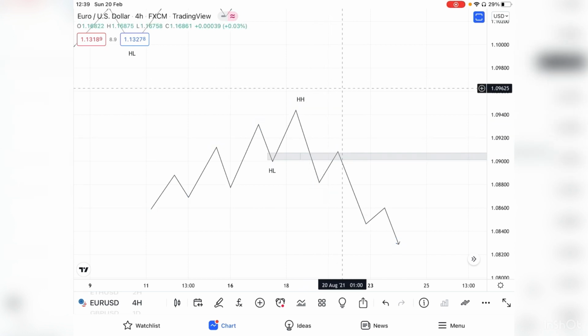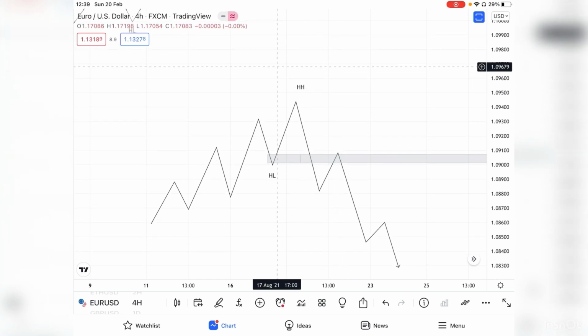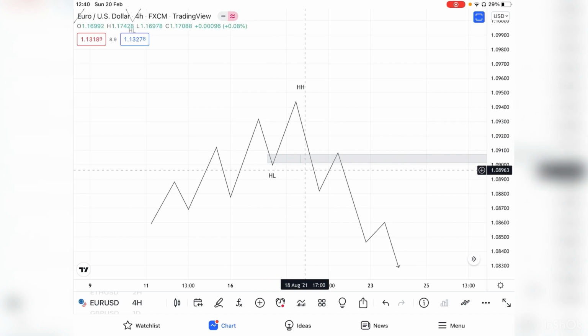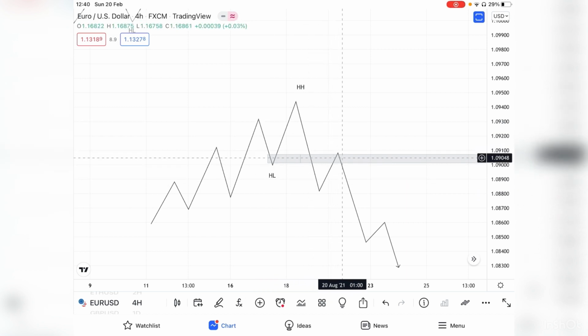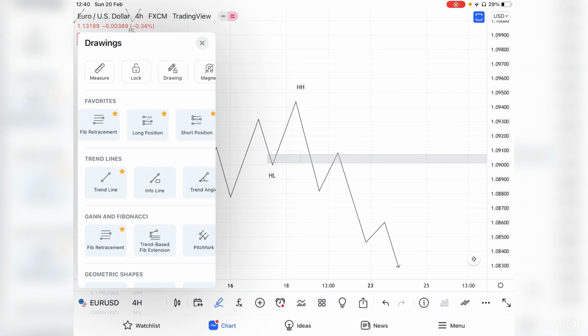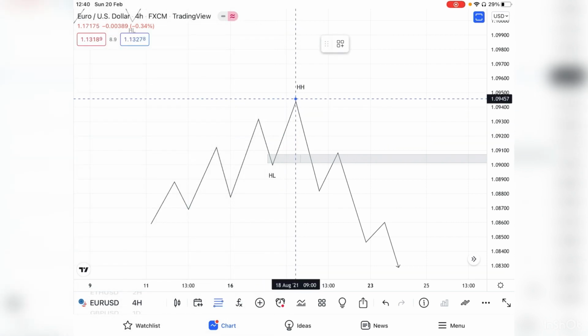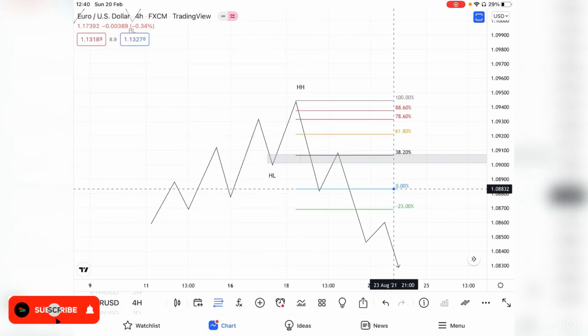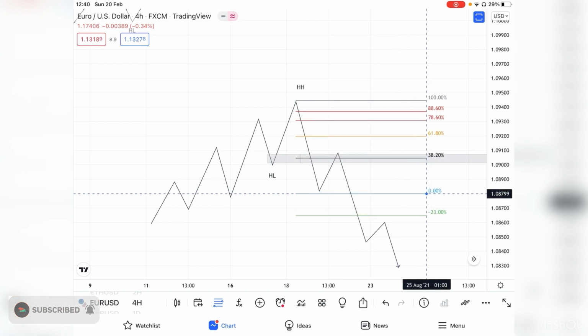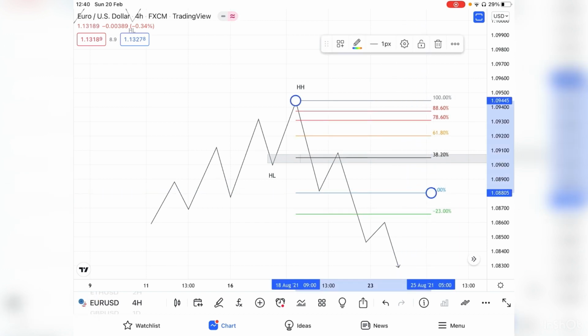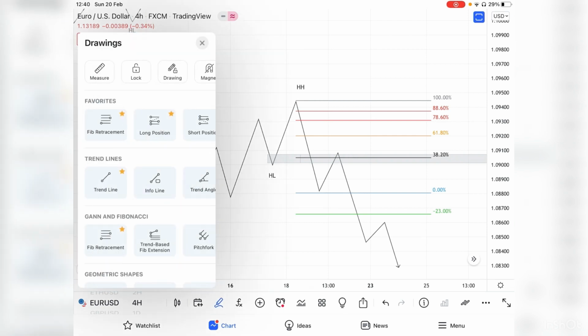A confirmation for that downtrend is for this previous higher low level to get broken and retested, or sometimes it might retrace even further. You can make use of the fib right here.